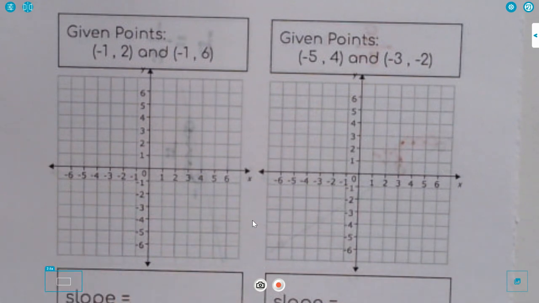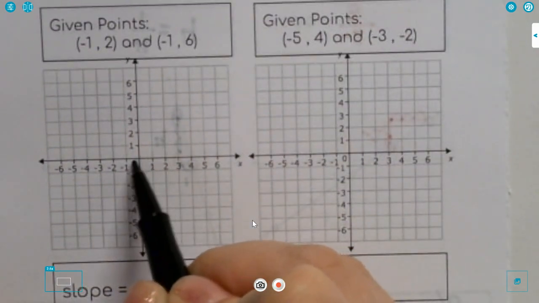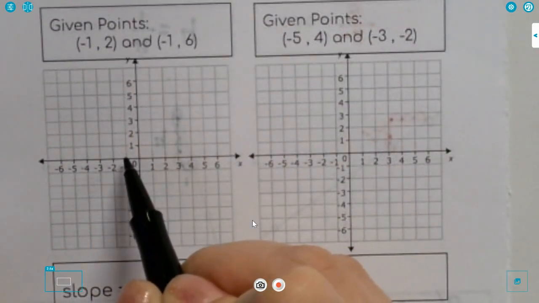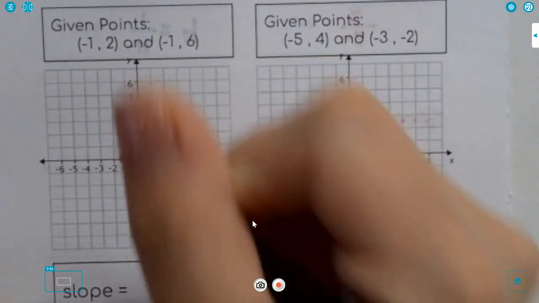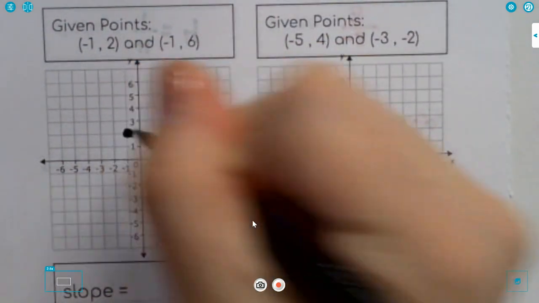So it says, given the points -1, 2, and -1, 6. So I'm going to graph those 2 points. So -1, 2. That's my x and then y. So x tells me -1, so I start at 0, 0, and I go left 1, and then my y is 2, so I go up 2. So left 1, up 2, put a dot.